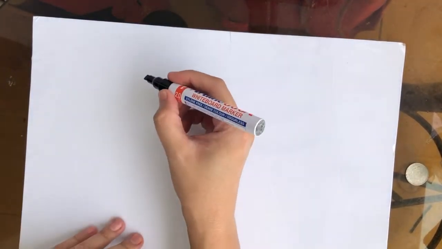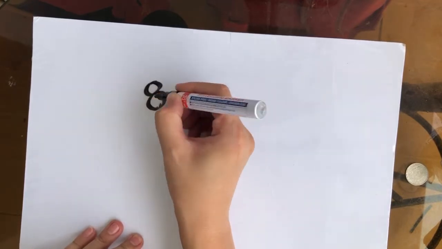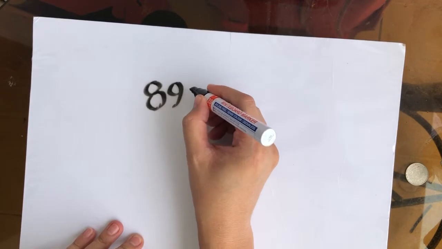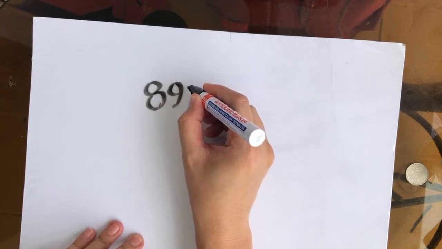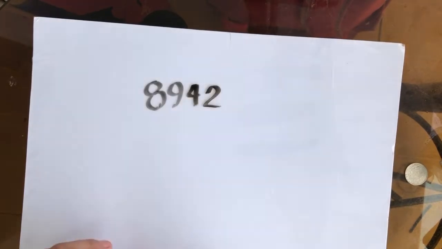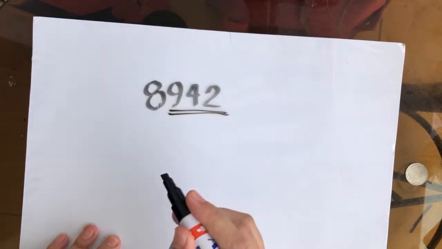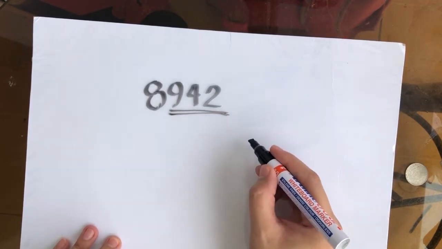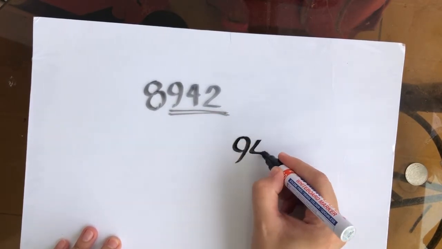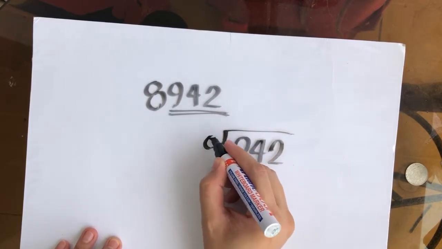Kunyari, we have 8,942. Okay. Again, hindi natin kailangan tingnan yung lahat ng number kasi we just need to focus on the last 3. So, we get that number, 942 divided by 8.